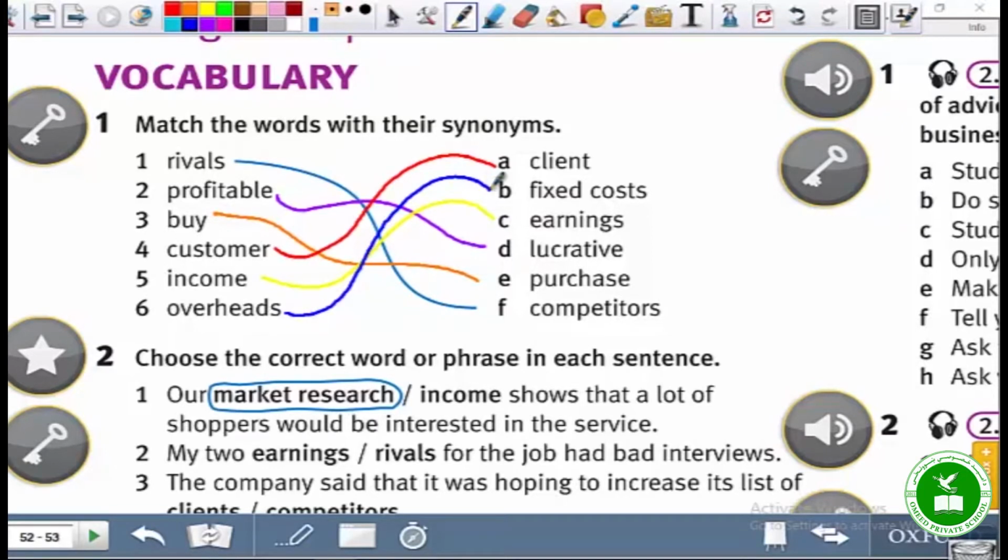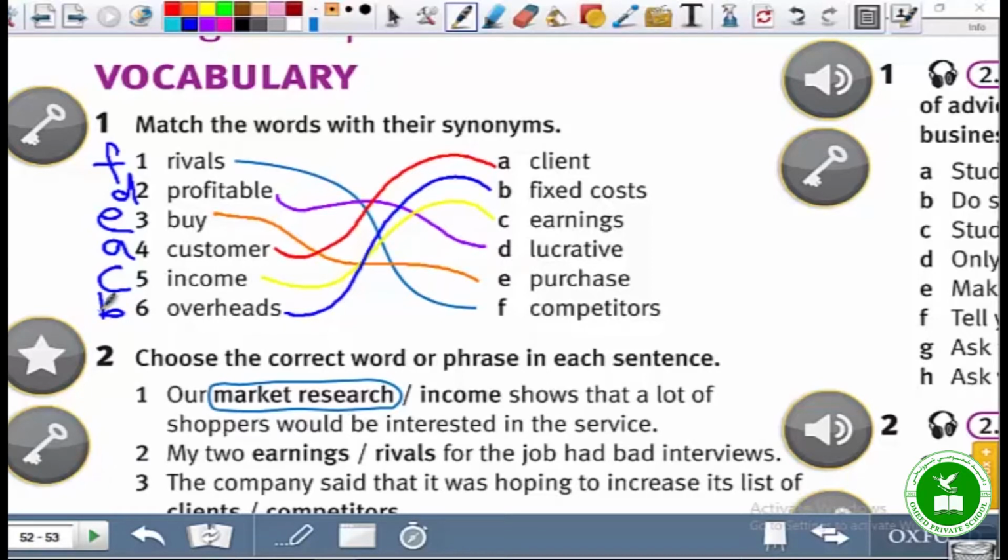If you write the letters in here: rivals, letter F. Profitable, letter D. Buy, purchase, letter E. Customer, letter A. Income, letter C. And overheads, letter B. Okay? This exercise is done.